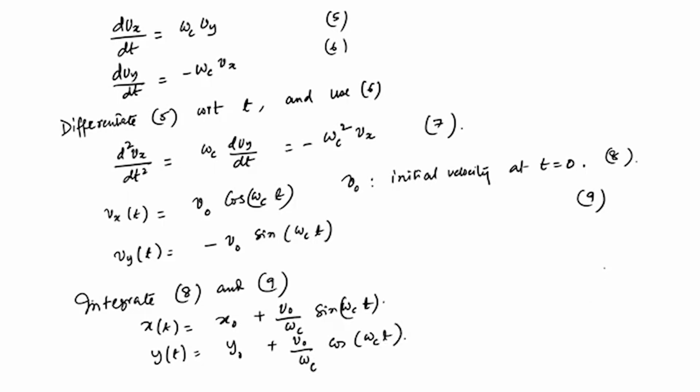Okay. These are say 10 and 11, and so we have now gotten the solutions of this particle in the presence of the magnetic field. And here of course, there are unknown quantities which are x0 and v0, which we have to determine. So, x0 is the initial position at t equal to 0, and this has to be figured out.